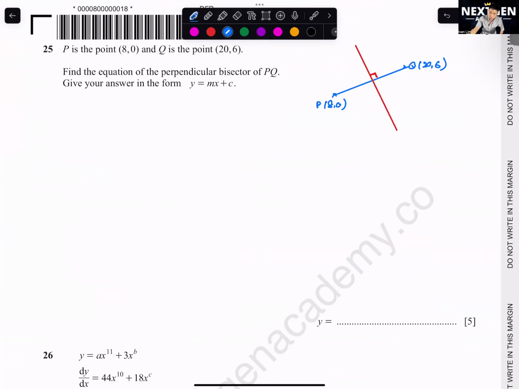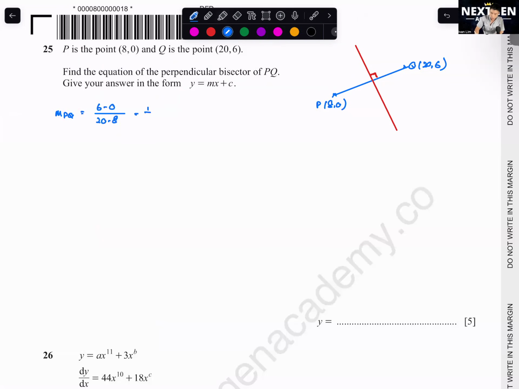So what do we need to find? We need to find the perpendicular gradient. You need to find the midpoint. Then you put into y equals mx plus c. Whichever you find first. Let's find the gradient first. So let's find what is the gradient of PQ first. y2 minus y1 over x2 minus x1. So 6 minus 0 over 20 minus 8.